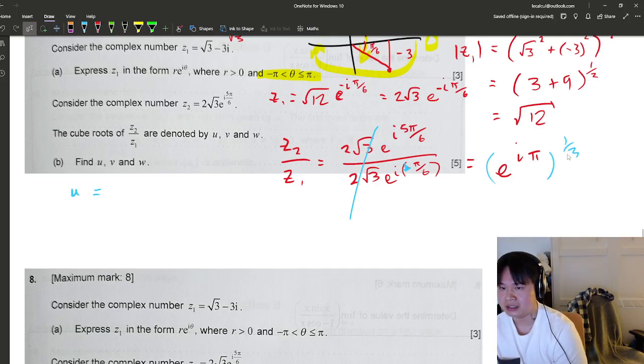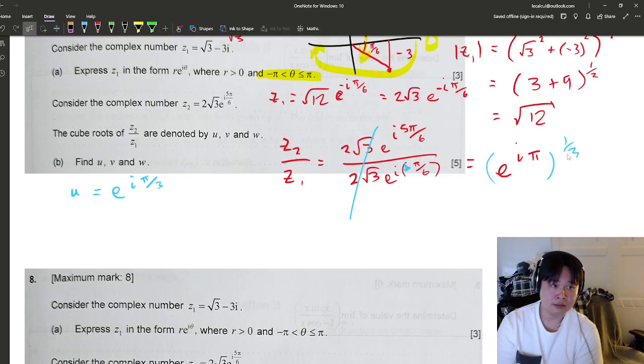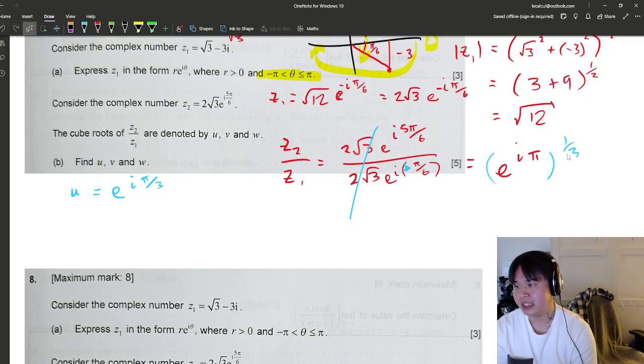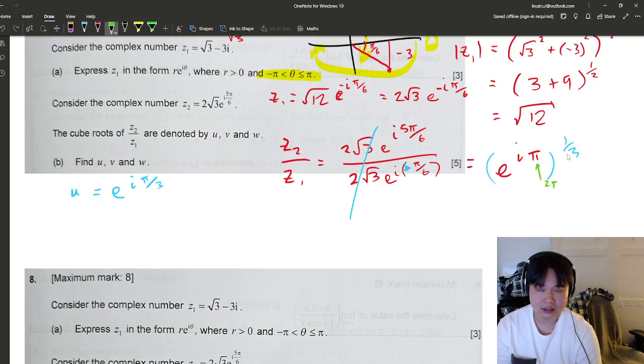So u is e to the i pi over 3. To get the other answers, before we divide by 3, we add a full circle, 2 pi, to the argument of whatever we're cube rooting.